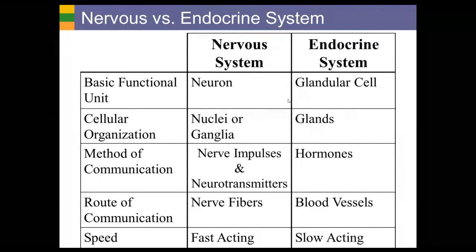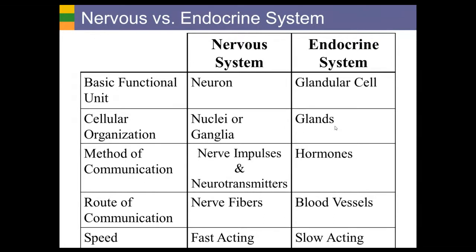We compared the basic functional unit, the organization, method of communication, route of communication, and the speed. I want you to note particularly that the endocrine system is much slower and it works through glands.